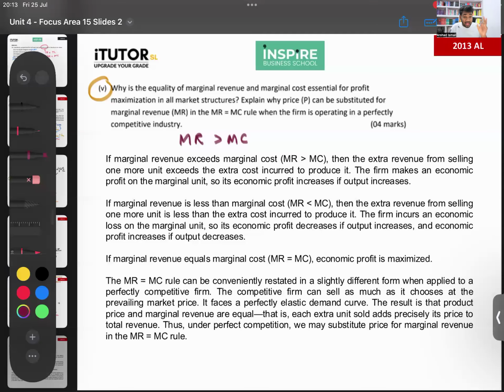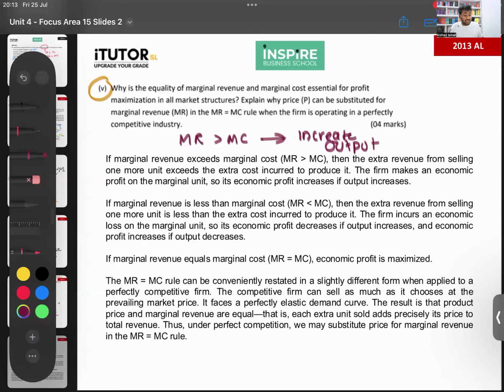That means each additional unit is contributing positively to your profit. So if you want to maximize your profit, what should you do with your output? You have to increase your output because each additional unit is contributing positively to the profit.